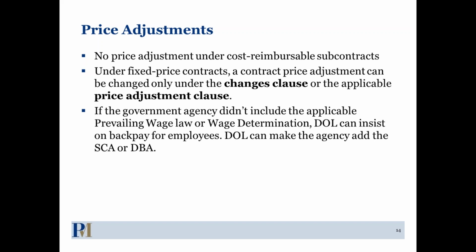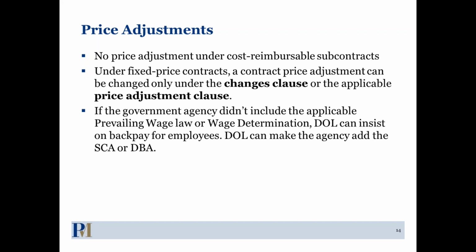So what we like to say is, if the government never included a prevailing wage law or a wage determination at all, and DOL comes in and requires back pay for the employees, then you're saying, what? Nichole and Sarah told me these things were creatures of contract.